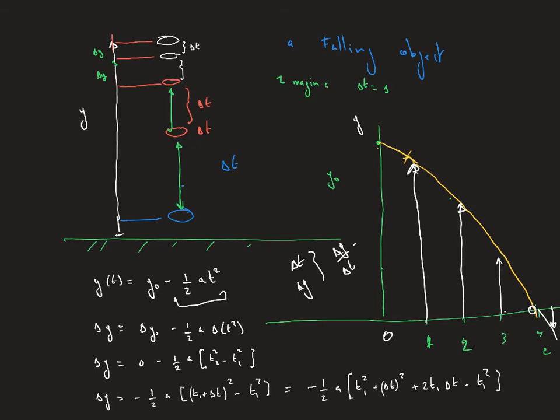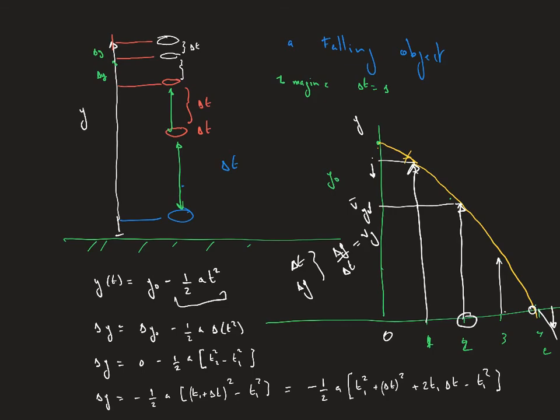If you do it for a short time, this will give you the velocity on the y-axis. It will give you this velocity at this point. If you do it around here, it will give you what we call the instantaneous velocity v sub y, the component of the velocity in the y direction.